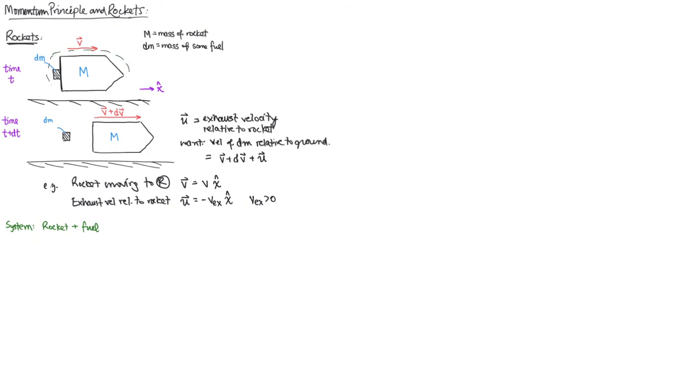We're going to include in our system that little chunk of fuel, so we also have to include that chunk of fuel in the after state, before and after. So what does our momentum look like before? At time t, we have the system's momentum equal to the total mass of the rocket plus the fuel, all moving at velocity v.